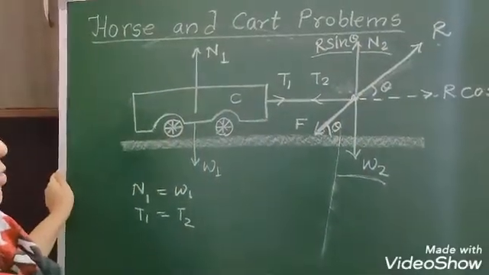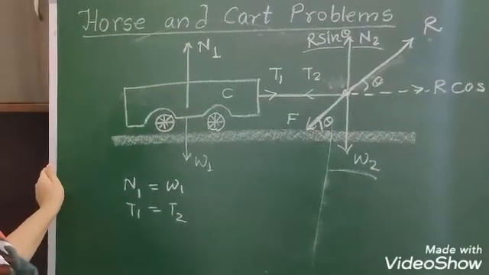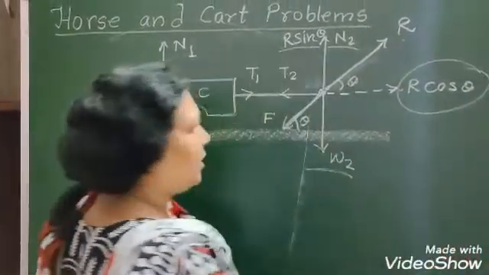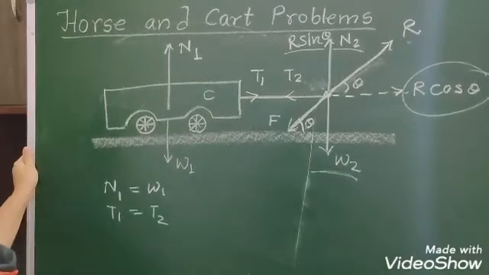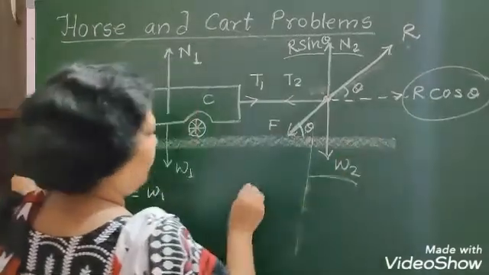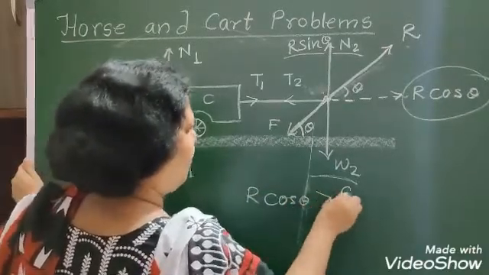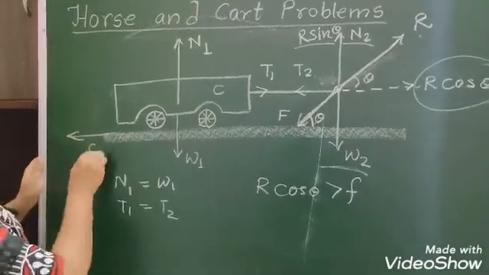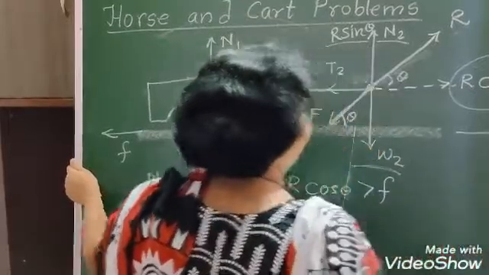Okay. So this R sin theta and N2 is balanced by W2. The force responsible for moving the cart forward is R cos theta, and the horse is able to move the cart in the forward direction when this R cos theta is greater than the force of friction. This friction force works in the direction opposite to the motion, as the cart is moving in the forward direction.